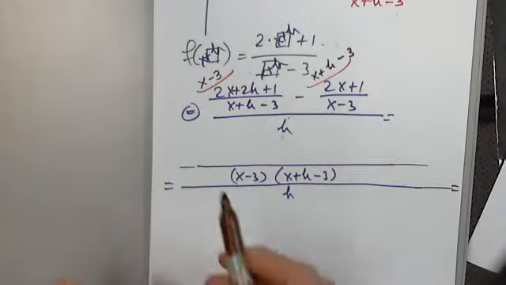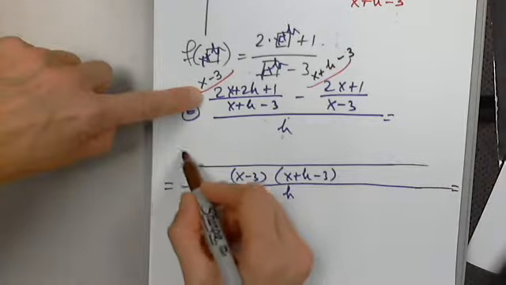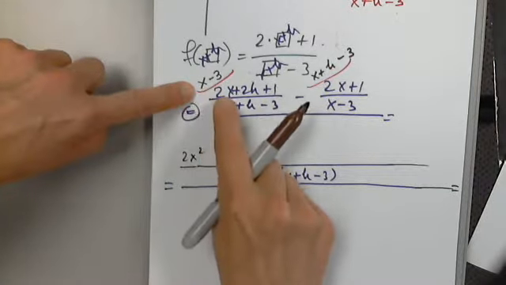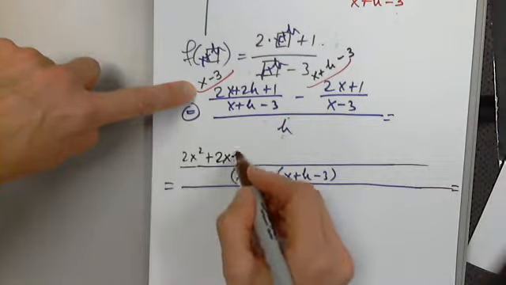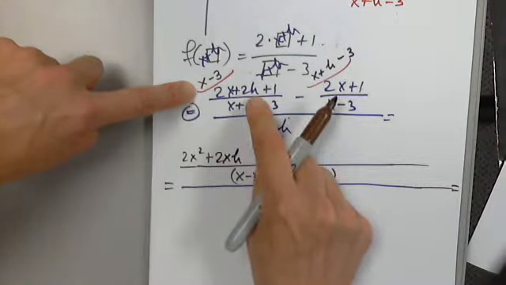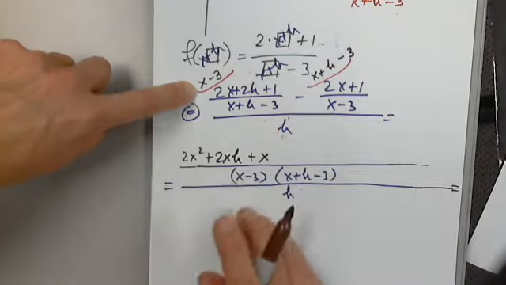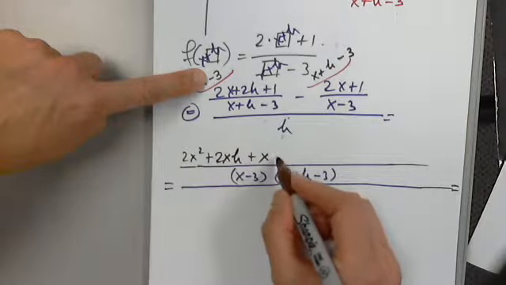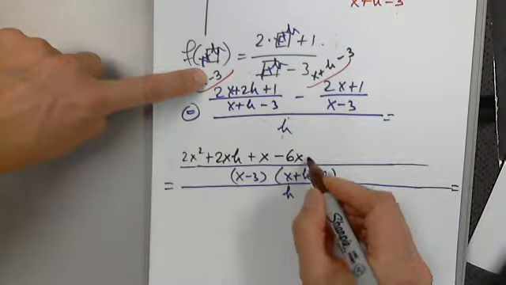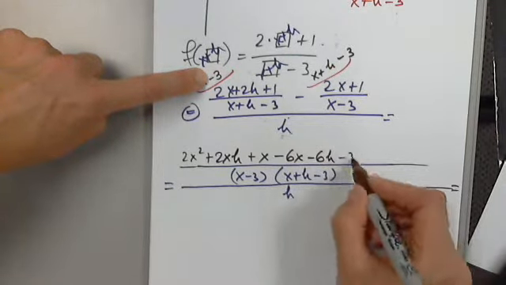So please dictate. 2x squared. So we distributed x to 2x plus. Very good. 2xh. We distributed x to 2h plus x. Now we have to distribute -3 to 3 terms. We're ready. Perfect. Very good.